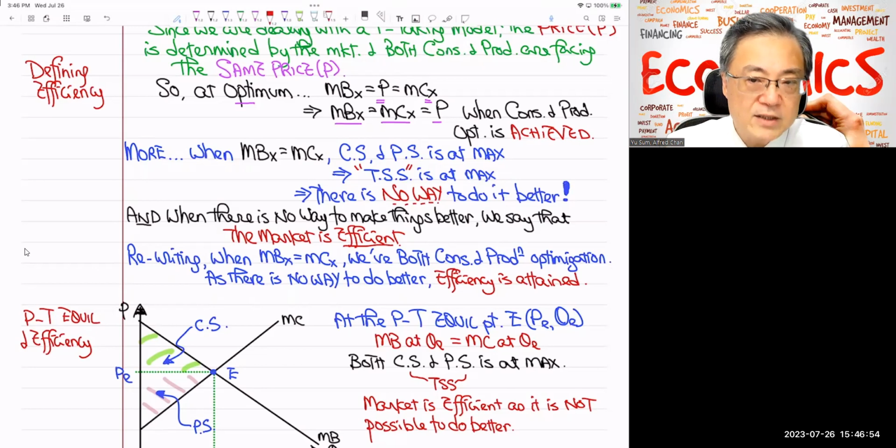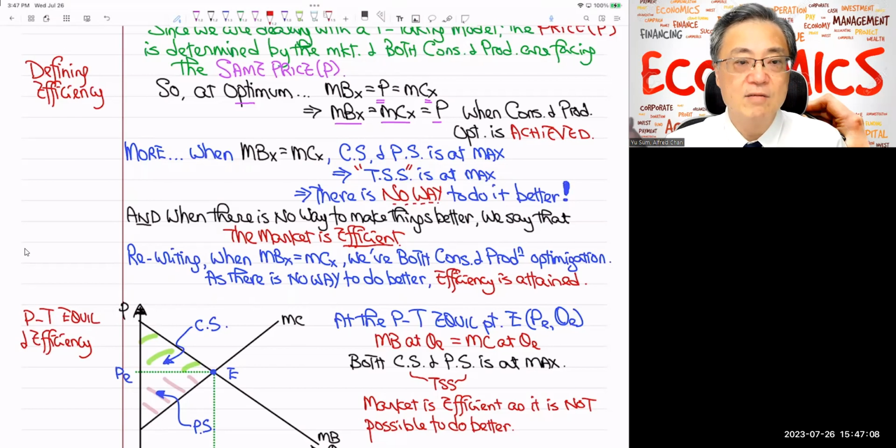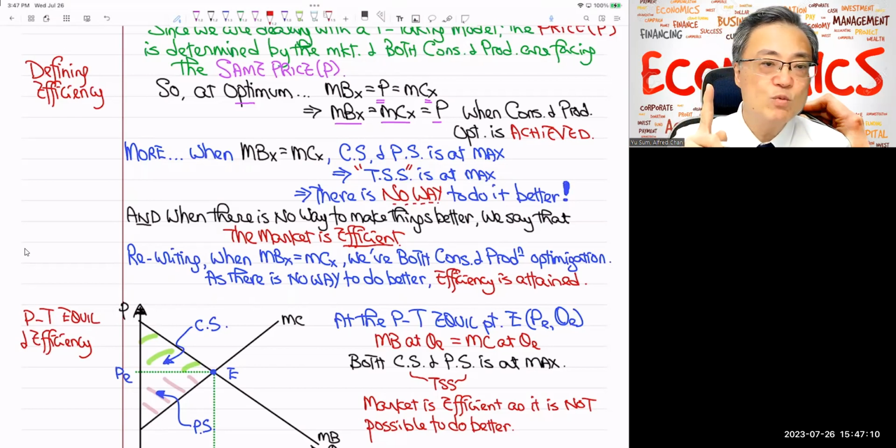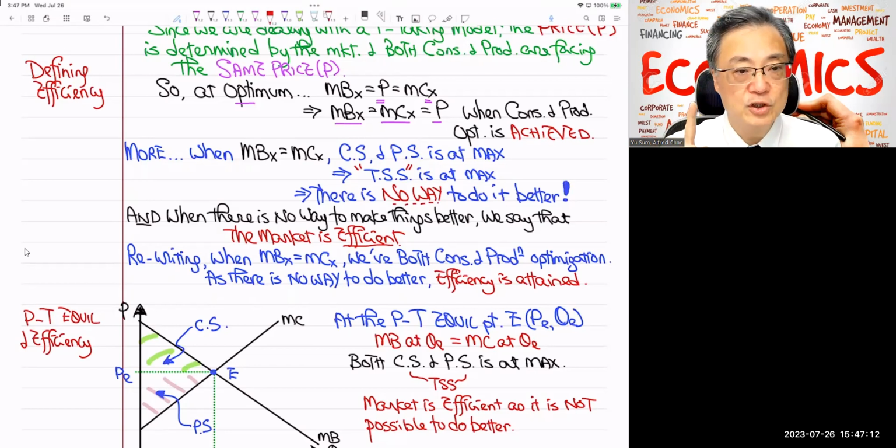So when there is no way you can make the economy better, economists will say the market is efficient. The market is doing the best it can. And remember, when will we be able to achieve this efficient condition?